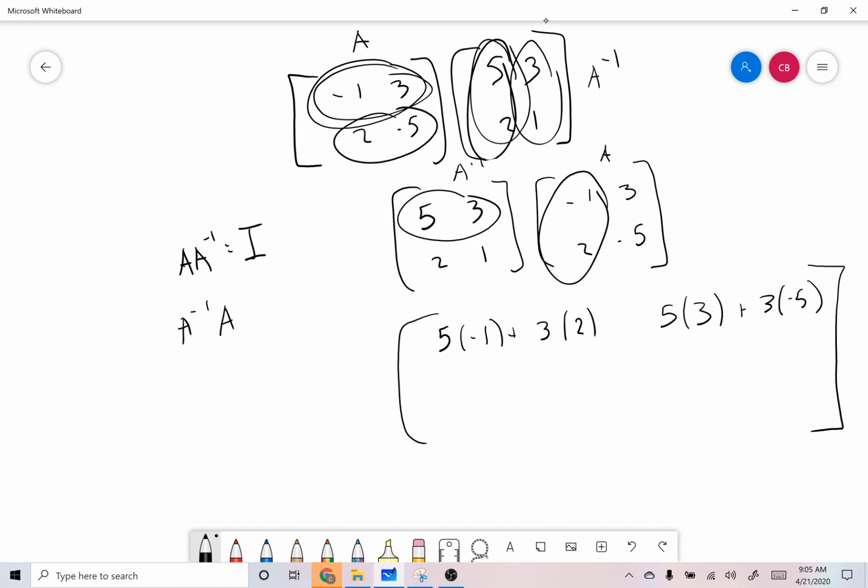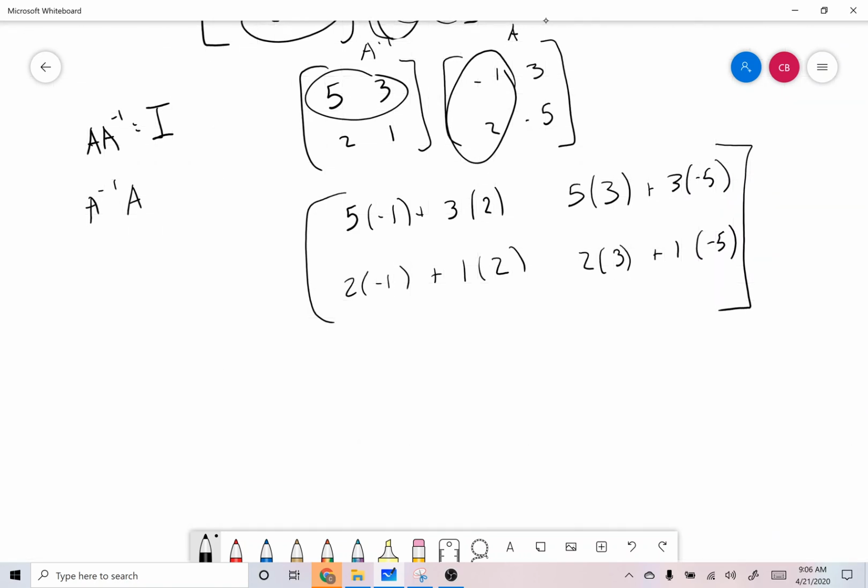That's that corner. Then we have 2, -1 plus 1, 2. Yeah, that's good. And then we have 2 and 1, 3, and -5.